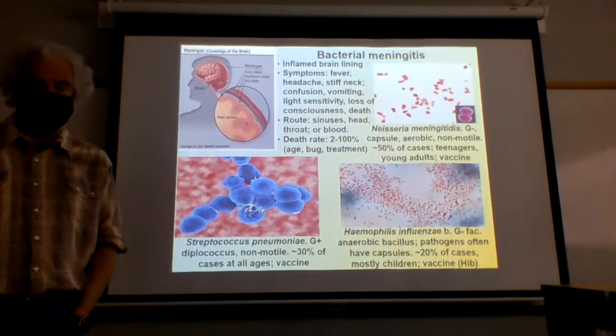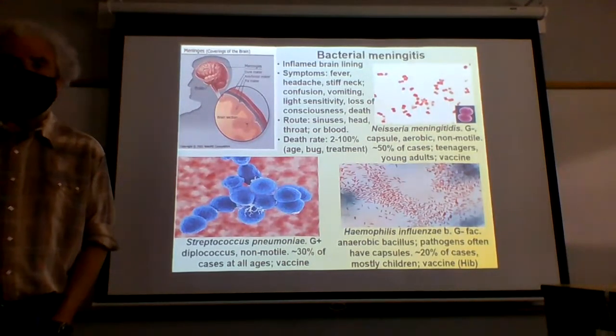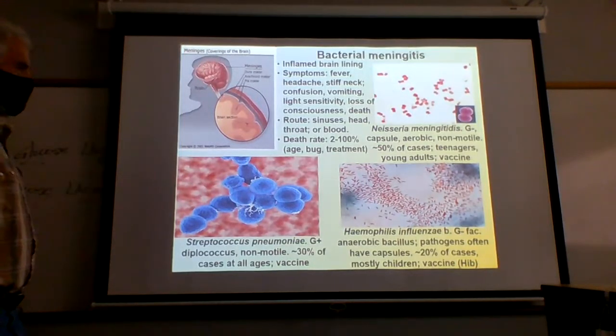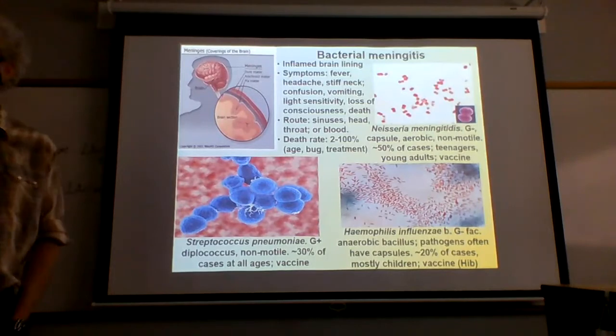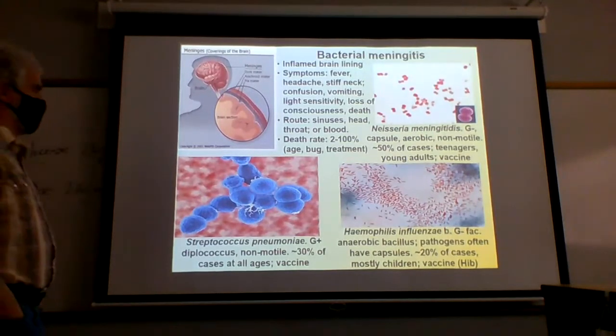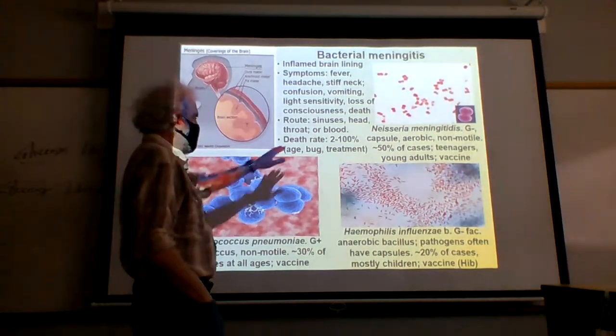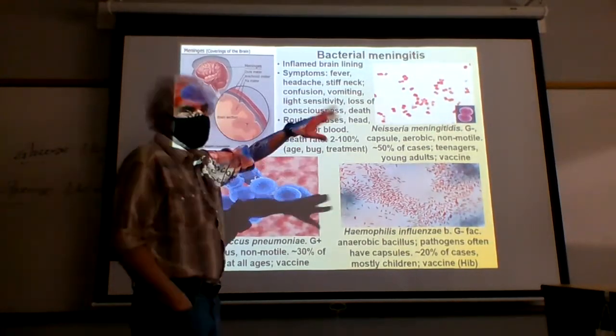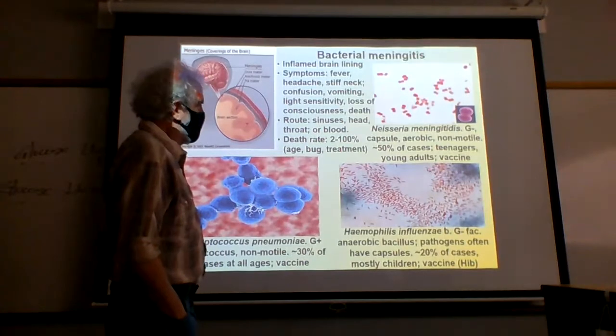Or another way of saying this is bacteria can hide out in the brain and evade a lot of attack. So you pretty much, at this point, are going to be hoping that your immune system can knock it back. The death rate depends a lot on age, the kind of bacteria, the bacteria strain, and how quickly you're able to get treatment.